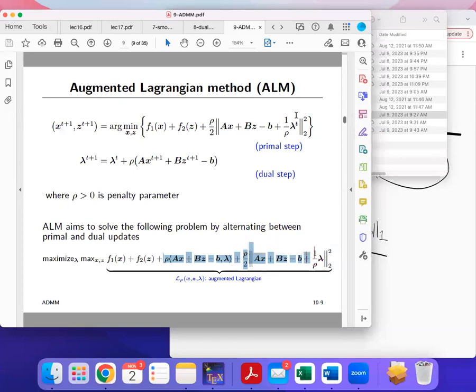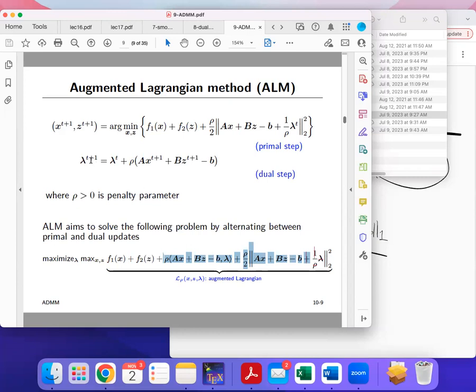So this will lead to the first primal update. It's essentially fixing lambda, optimizing this augmented Lagrangian function over x and z. And the dual step is fix x and z, optimizing over lambda.